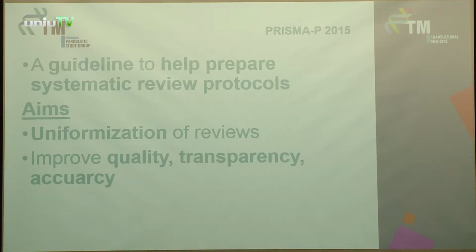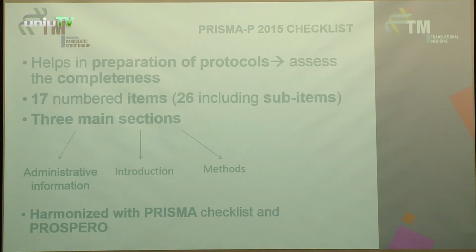What is the PRISMA-P guideline? This is a guideline which helps us to prepare or plan a protocol for a systematic review or meta-analysis. Its aims are the uniformization of reviews and to improve the quality, transparency, and accuracy of our work.